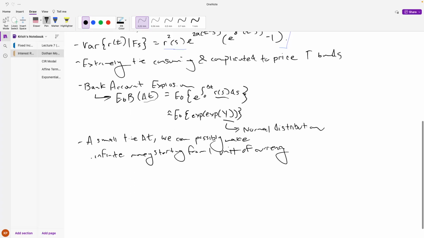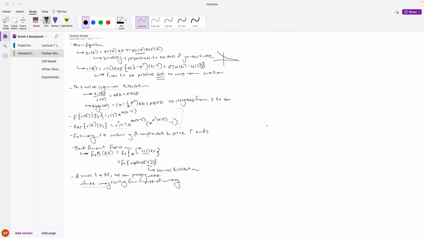Now this sounds really, really nice, infinite money, right? We all want infinite money, but it can definitely cause issues for fixed income, as we will see in the future. So to summarize for the Dothan model, sure, it goes ahead and makes everything positive by having that exponential form, but it causes a lot of issues. We have no mean reversion whatsoever. We have zero analytical properties that were still kept.